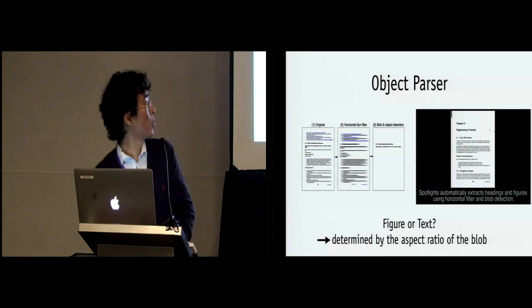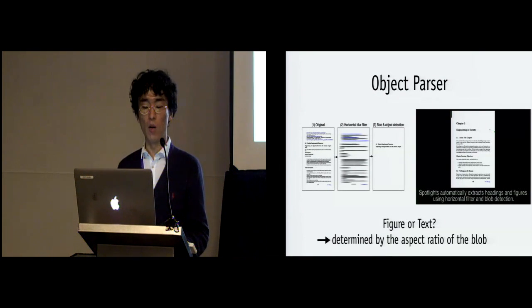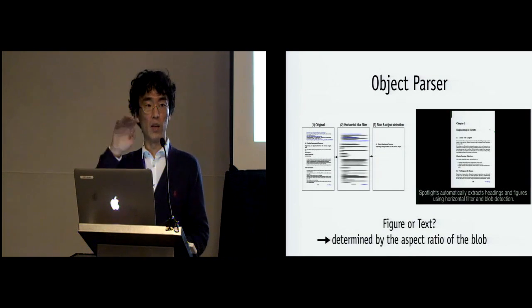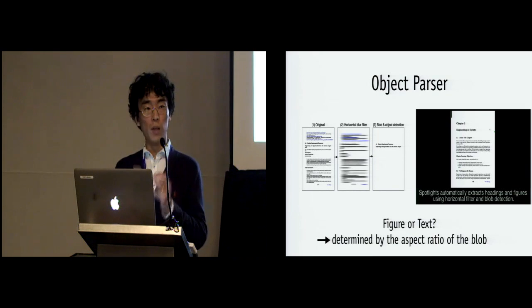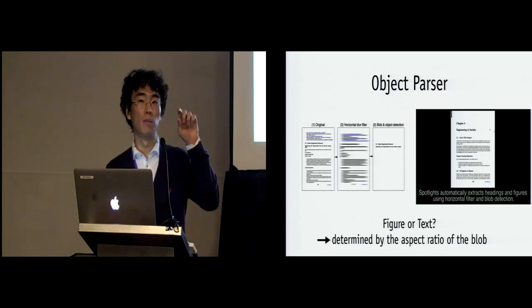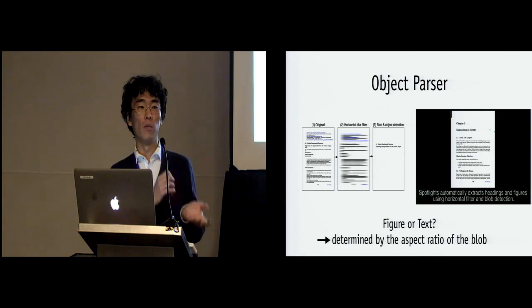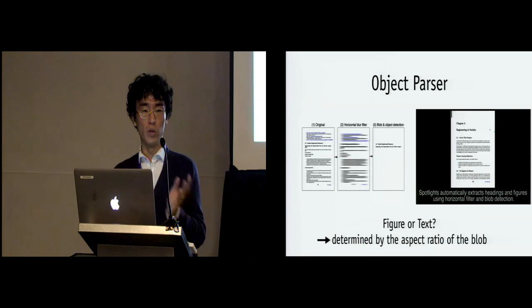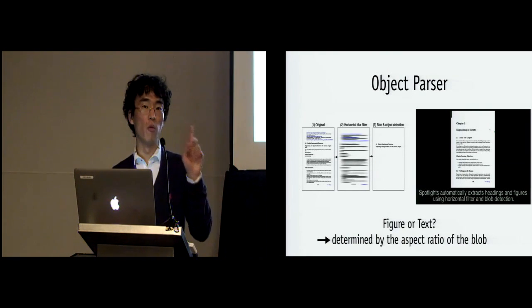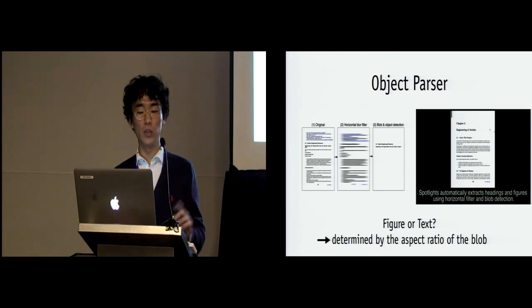In the object parser, I used a horizontal filter to blur everything in the document, and I used a blob detector to extract each of the lines from the document. Based on the height of that blob, I can determine which one is a heading and which one is a figure. Depending on the aspect ratio of the object, we can also define which one is text or which one is a figure. So from this parser, I choose only 1 important object from all pages.